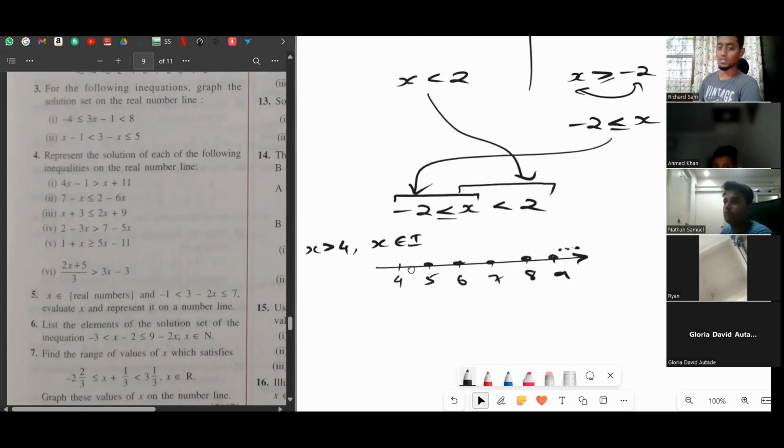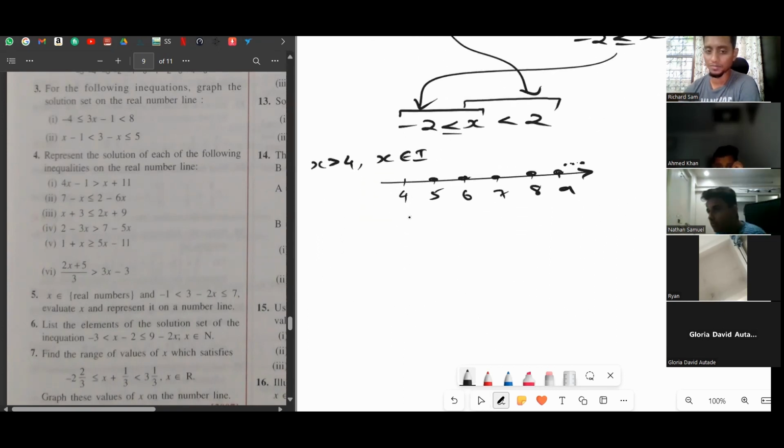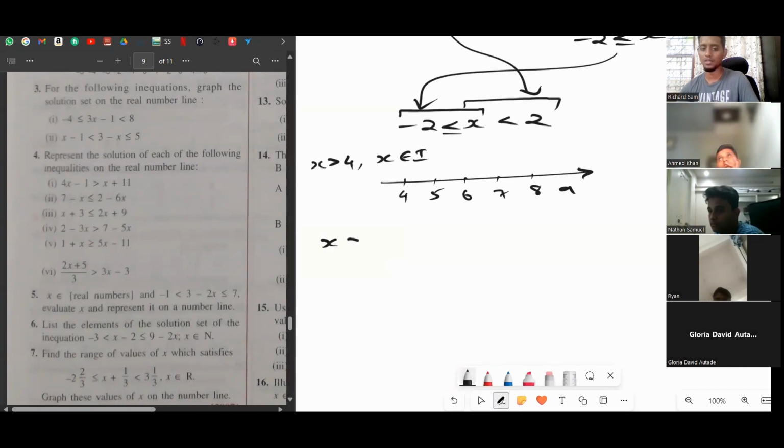If the same thing was real numbers, how would you mark it? You will not put all these dots. If x is greater than 4 and x belongs to real numbers, how will you mark it?